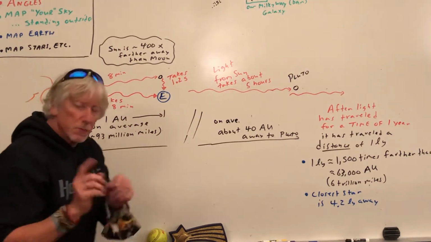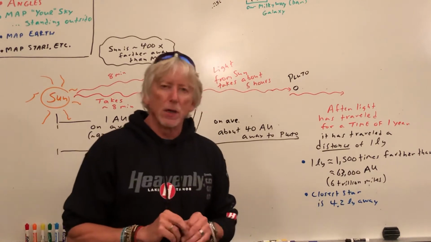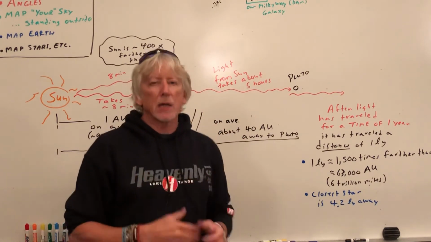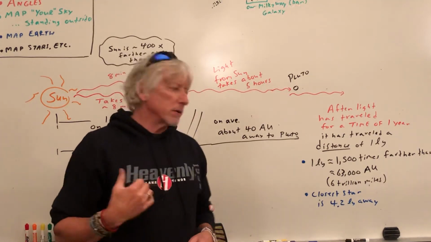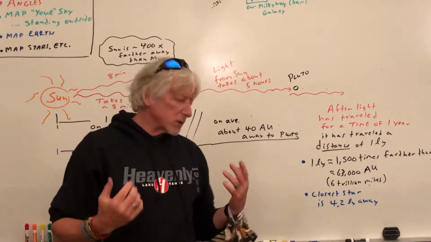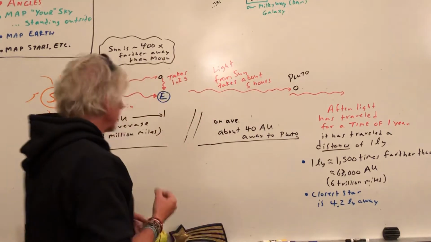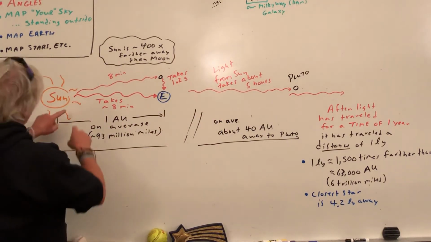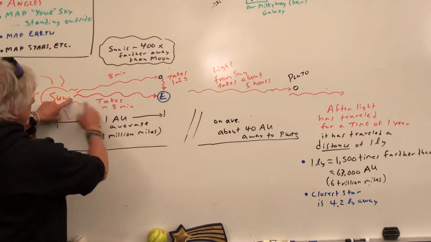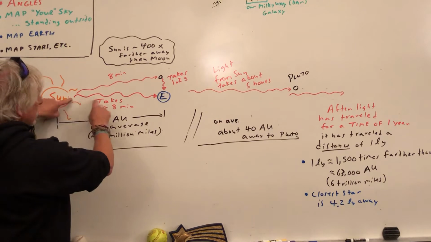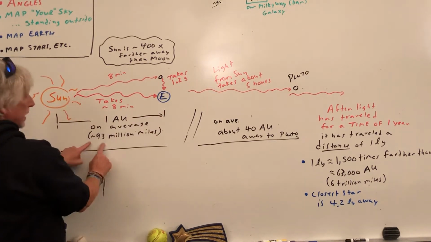But this brings up an important point about how we get past our stories. If you're tired of just making up stories or listening to your parents or your grandparents or all the stories, and if you want to know the way it is, you got to look. So we got to start drawing pictures. We draw this picture, and it turns out it takes 8 minutes for light to travel 93 million miles.